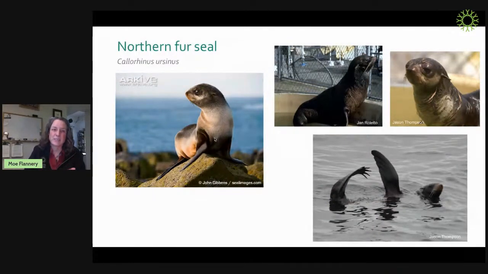Remember, I said the California sea lion and Steller sea lion have very rough, coarse fur that only goes in one direction. But the fur of a fur seal is very lush and kind of more like a plush carpet than that coarse, short carpet that I mentioned.